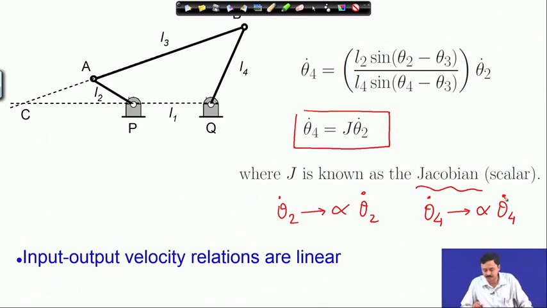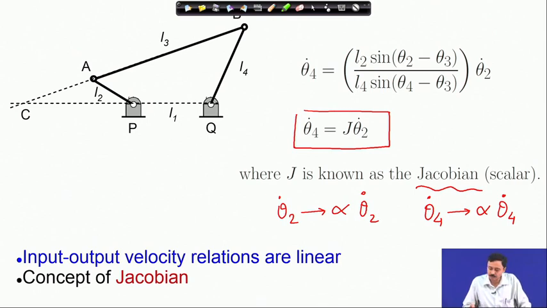So, this relation is linear, but remember that in displacement analysis the relation between theta 2 and theta 4 was highly nonlinear, through those trigonometric functions, but the velocity is linearly related. The input output velocities are linearly related, and we have introduced this concept of Jacobian, which will be very useful, and we will continue discussing it. This is very useful in the case of robotics as well. You will come across the Jacobian in robot kinematics, which we will discuss in the subsequent lectures.